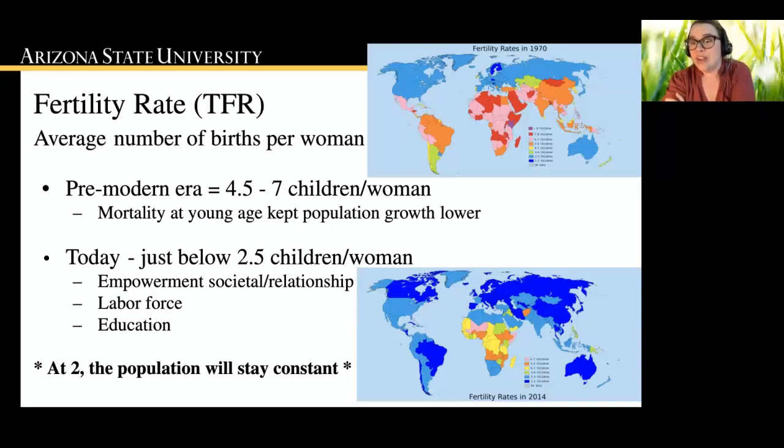So those areas of the world are doing well with keeping our fertility rate low. However, so much of Africa is still so much higher that it's carrying so much of the population growth of the world. We're seeing huge areas that are having 4, 5, 6, 7 children per woman.